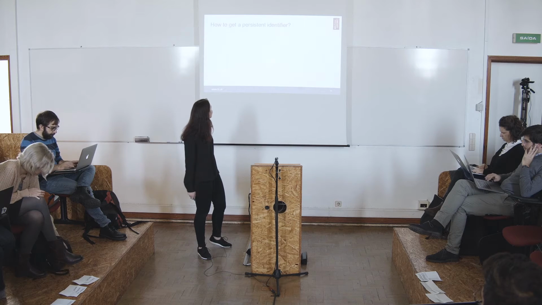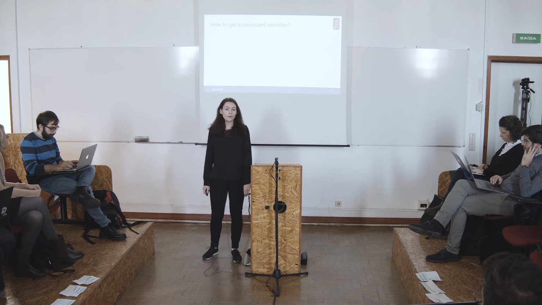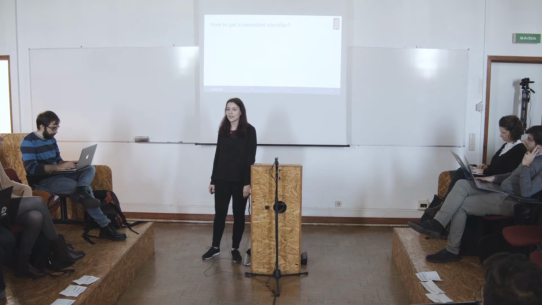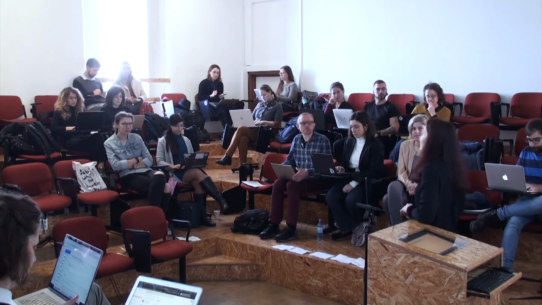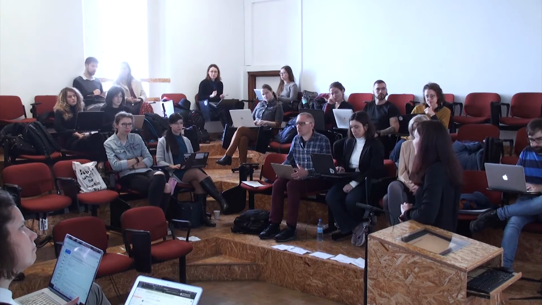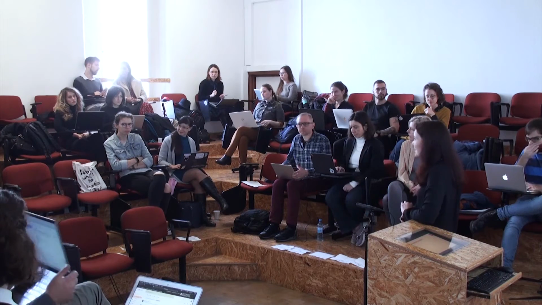So does anyone know how to get a persistent identifier? Apart from, okay, so you all apparently have ORCIDs. That's great. So you all know how to do that, which is good. If you wanted to get a DOI for a data set, would you know where to go, what to do, how to go about it?